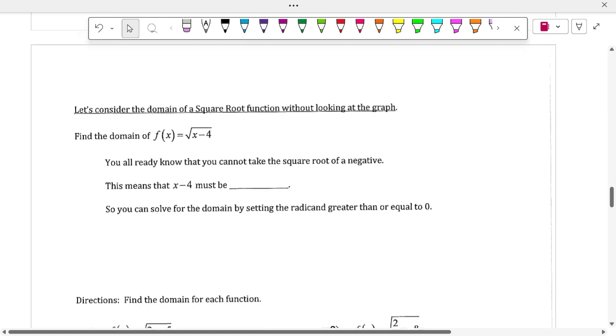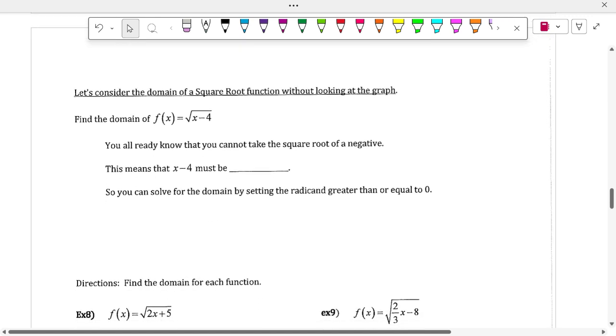Now, there are also ways to find the domain and range of a square root without having to actually graph it. So let's think about this logically. We talked about this yesterday. What is the lowest possible number that we can have under a radical that would still give us a real number? 0.